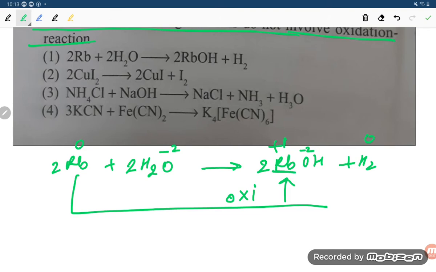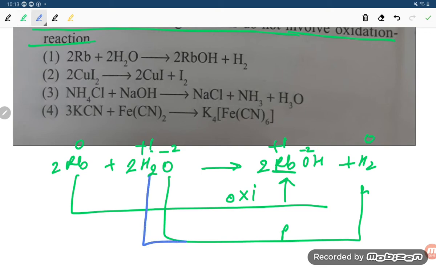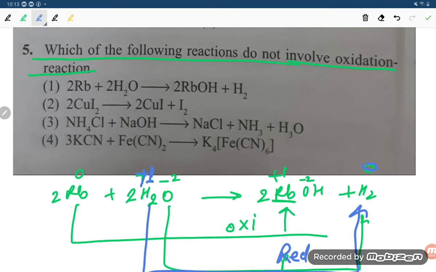Hydrogen goes from plus 1 to 0, that is reduction. So in this one there is a change, so this cannot be our answer, because it involves oxidation. So we go for option number 2.